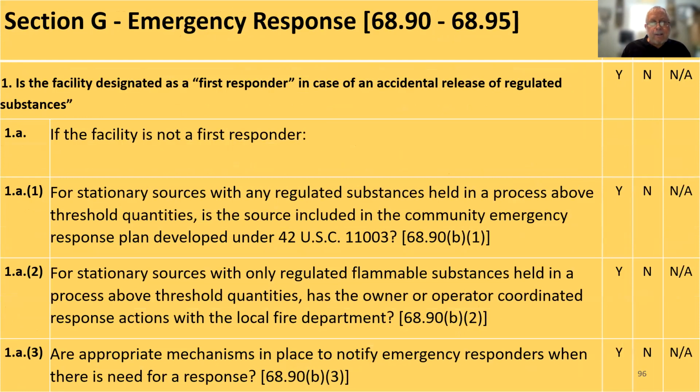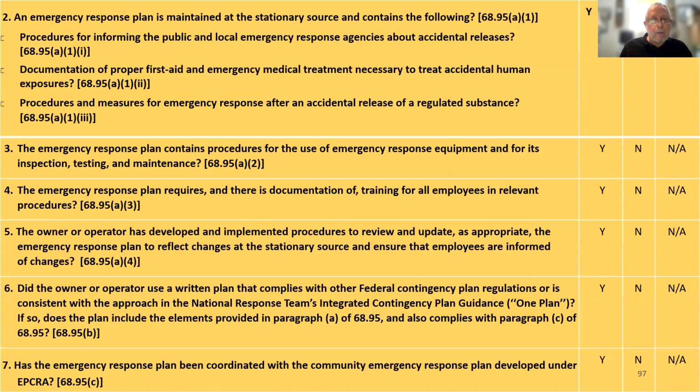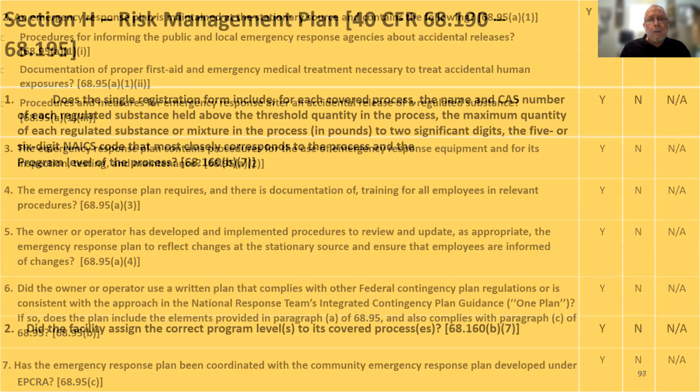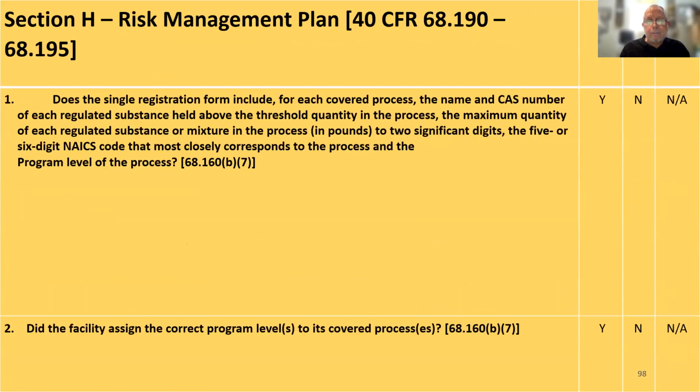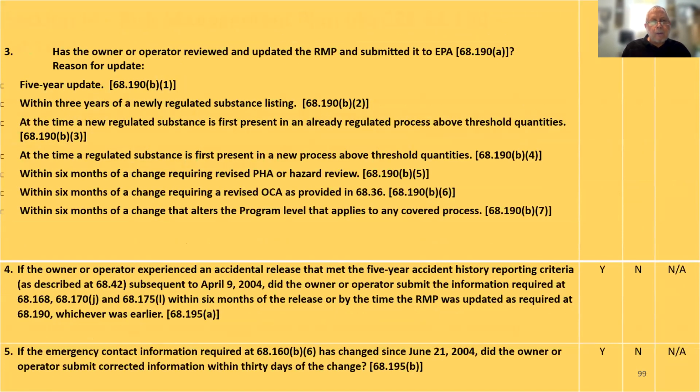Is the facility designated as a first responder in case of accidental release of regulated substances? And this is a little different. If the facility is not a first responder, then there are things they have to do too. Risk management plan.